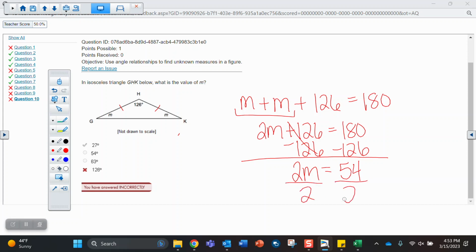And then dividing both sides by 2, we get m equals 27. So again, you're taking 126 away from 180 and then cutting that difference in half because we have to split it between both angles.